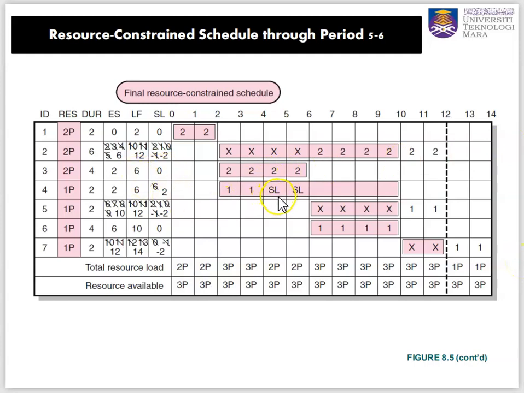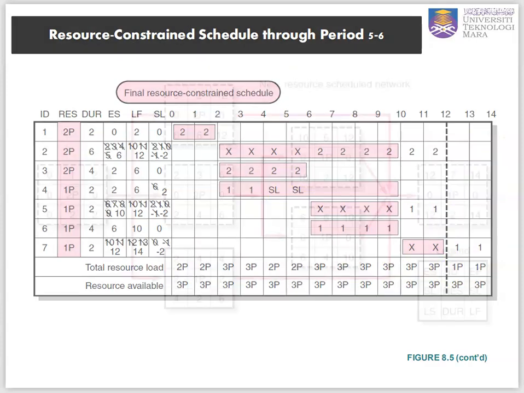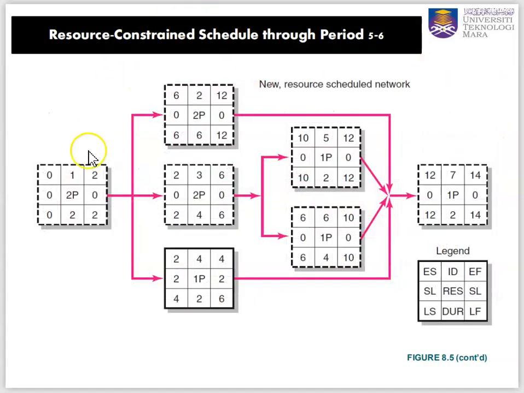Whereas number 4 still can be delayed by 2 days and the project still can be finished by day 14. So we see here the critical path. So 0 slacks, no more extra slacks.